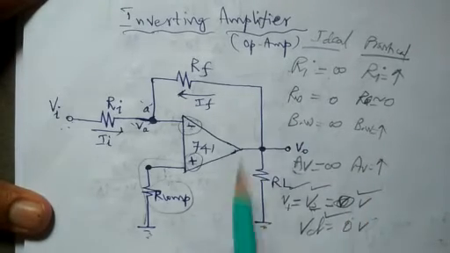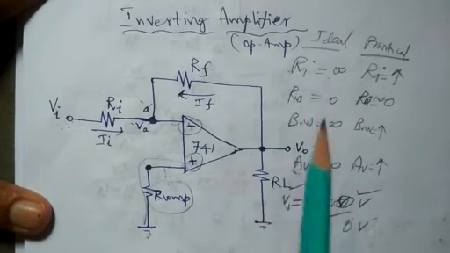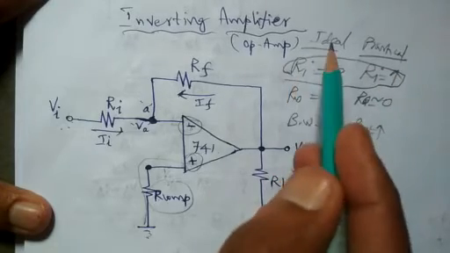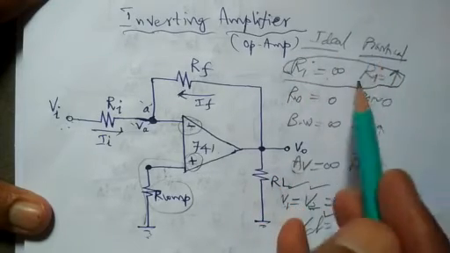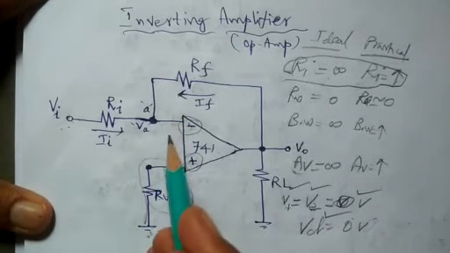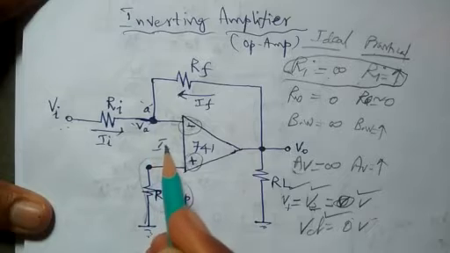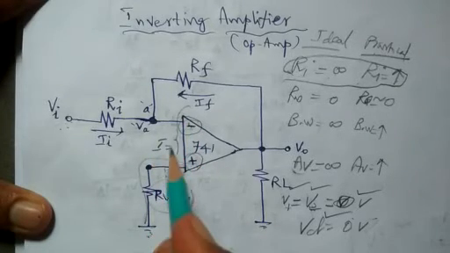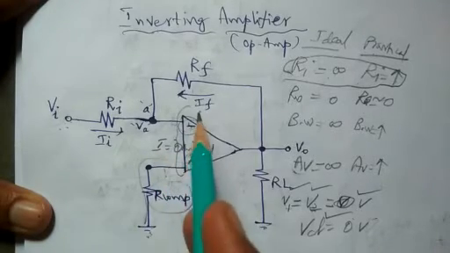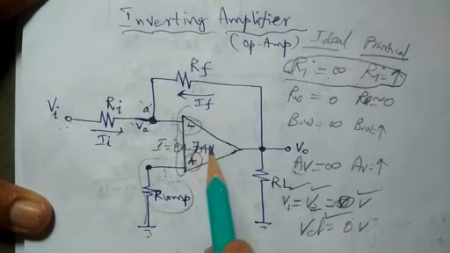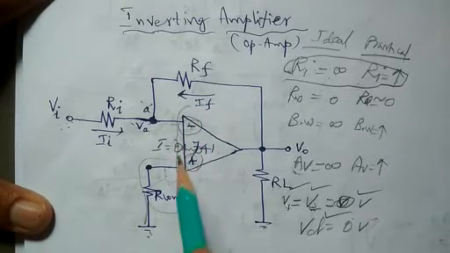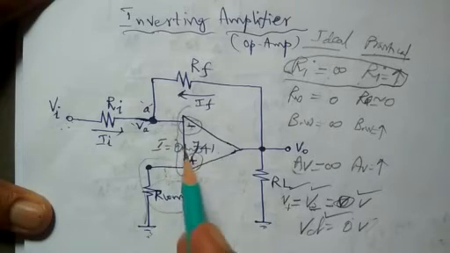These are the characteristics of an operational amplifier. Considering the first one, the input impedance is infinity in the ideal case and very high in the practical case. Because of the high input impedance, the current consumed by the op-amp at its input side is 0 amps. In other words, the op-amp draws 0 current initially.